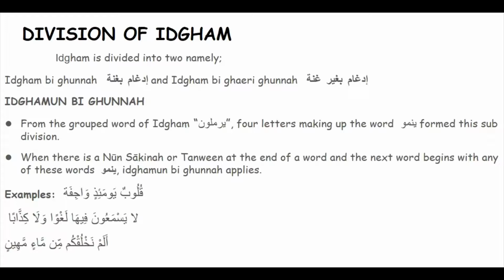The tanween is not totally inserted into the ya, and that's why we'll be having qulubun yawma idhin. So this kind of idgham is regarded as idghamun bighunna. You can see it is found between two separate words.